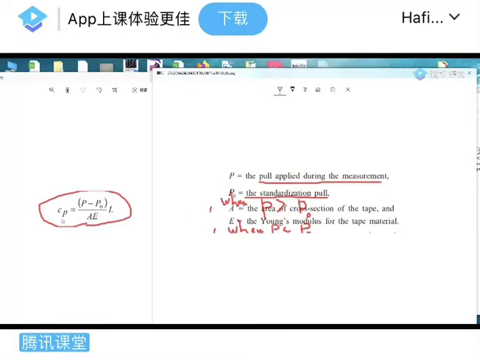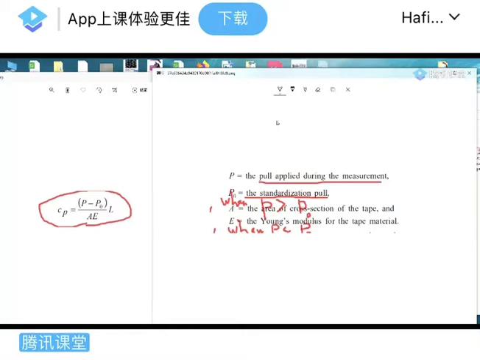So it is proportional. If the tape is bigger, I mean the cross section is bigger, then the force exerted has less effect, because the force is spread out onto the whole tape.